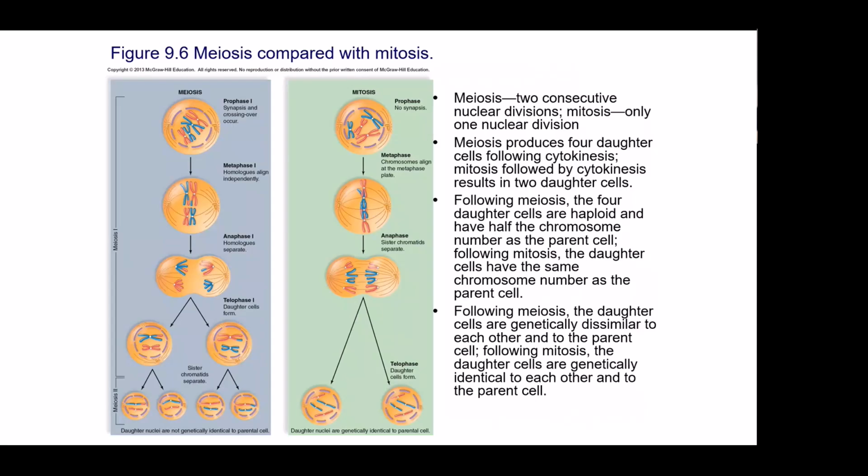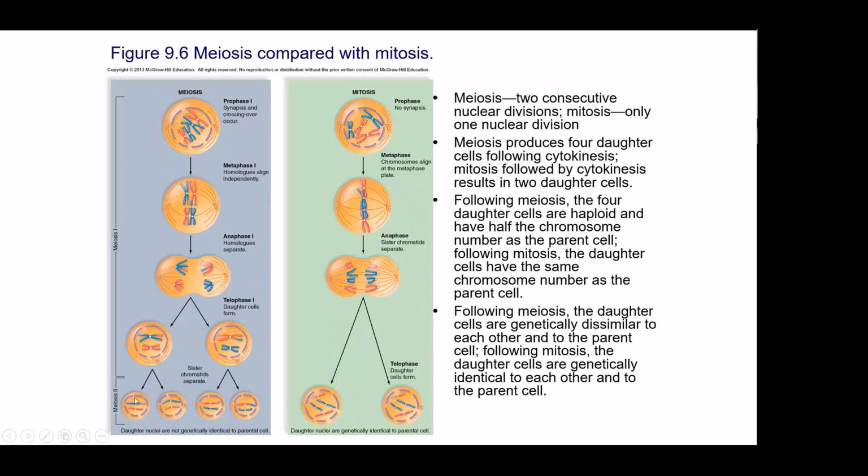So in terms of comparing meiosis and mitosis, of course, with meiosis, there are 2 nuclear divisions, whereas mitosis only has a single one. Meiosis creates these 4 daughter cells following the final cytokinesis.